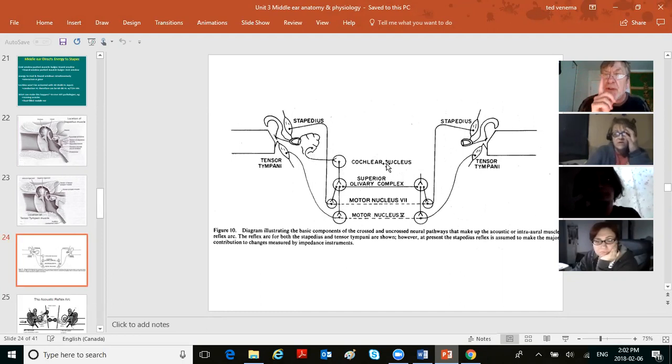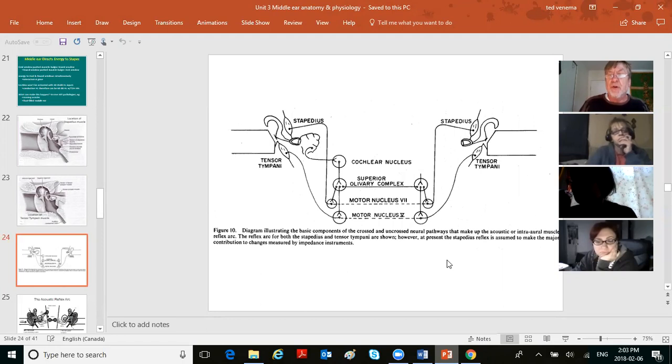Because once messages hit your brain stem, the proverbial shit hits the fan. That's when all things cross over. Okay, so a loud sound to one ear is going to cause an acoustic reflex in both ears. Sounds that are about 85 decibels or louder will cause an acoustic reflex.